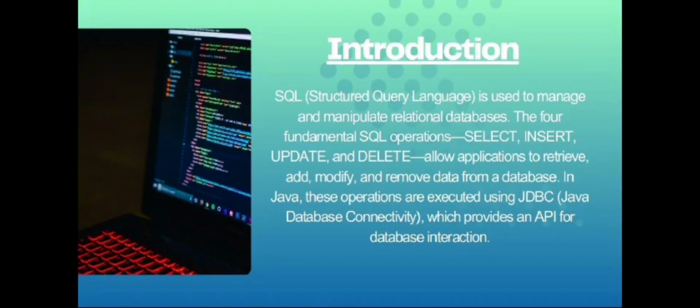In Java, SQL operations are executed using JDBC, Java Database Connectivity, which is a standard API that provides methods for connecting to a database, sending SQL statements, and processing results.